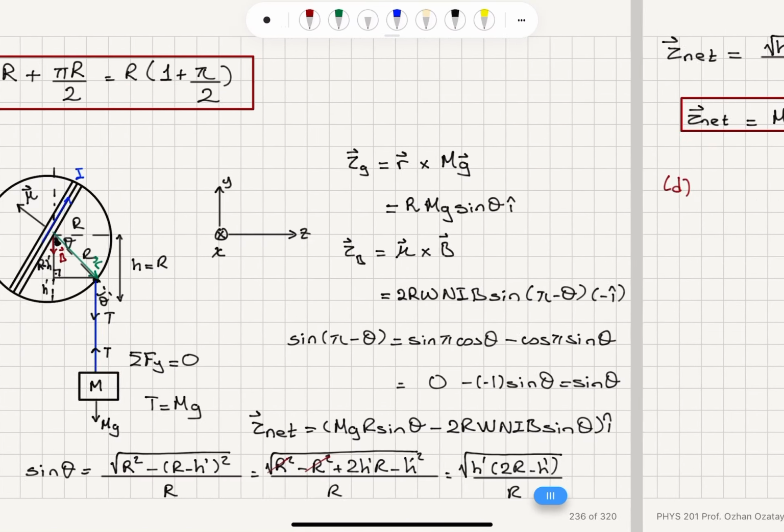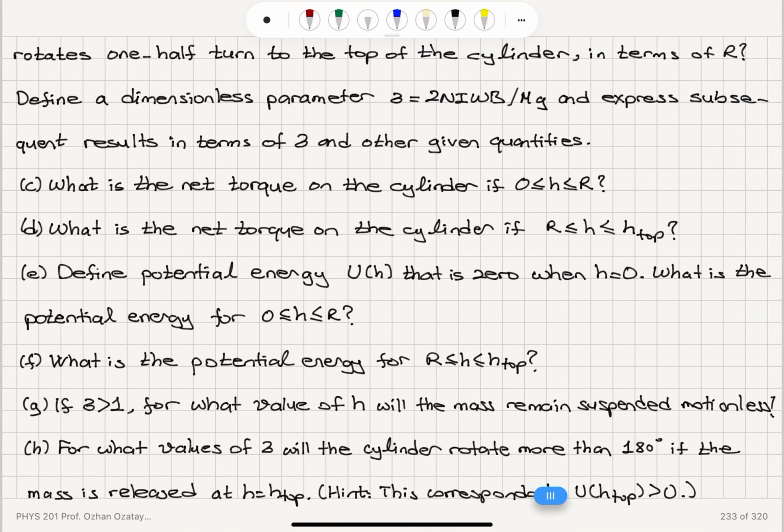Now let's look at the last part of the problem. For what values of sigma will the cylinder rotate more than 180 degrees if the mass is released at top? So that means there will be a positive potential energy on top.